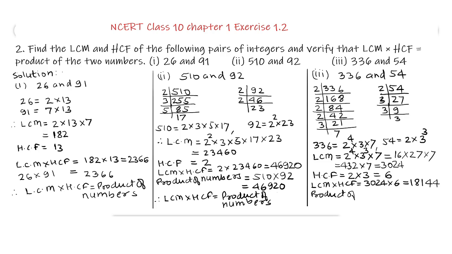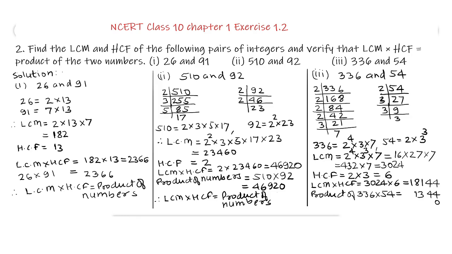And product of numbers, which is 336 multiplied by 54. This gives us 4 multiplied by 6 is 24. We write 4 and carry 2. 4 times 3 is 12 plus 2 is 14. We write 4 and carry 1. 4 times 3 is 12 plus 1 is 13. And we multiply by 5.